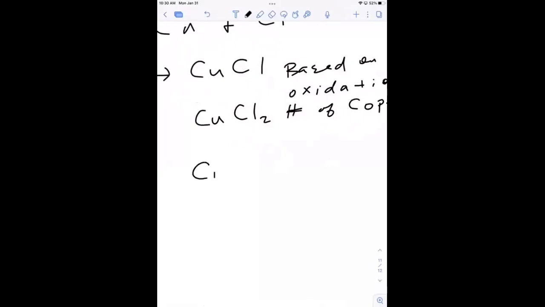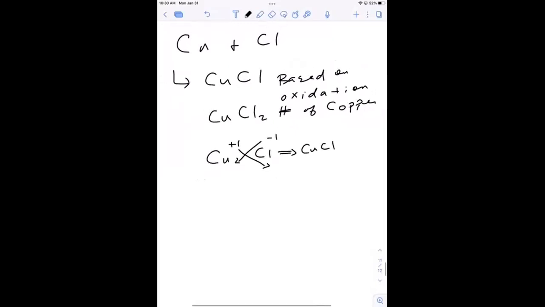So here, if we had copper +1 and chlorine is -1, we would simply crisscross the charges, and then we would get CuCl.